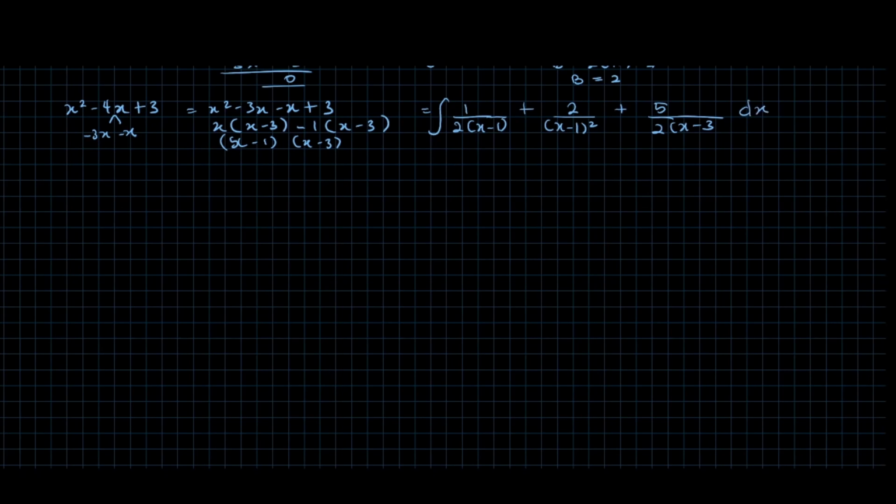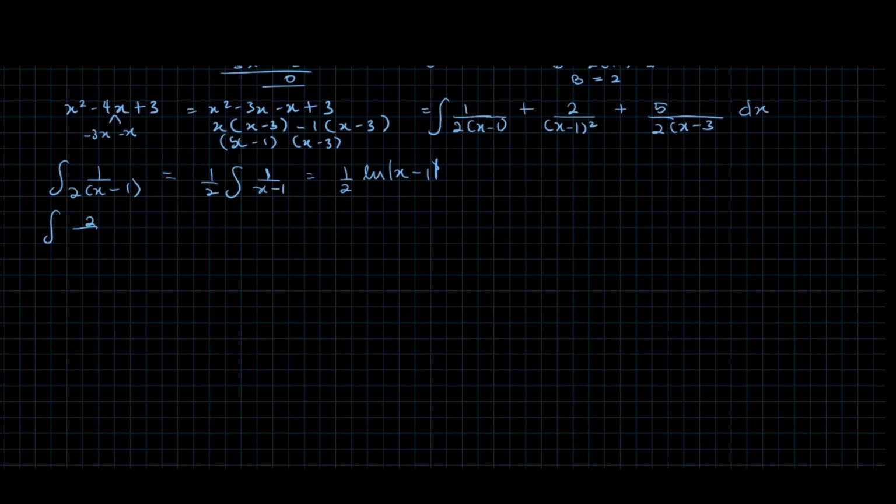When you're integrating a summation, you integrate them individually. So the integration of 1 over 2 times x minus 1, half is a constant, so you can bring half out, leaving you 1 over x minus 1. The integral of a reciprocal with 1 on top is simply half ln of absolute x minus 1. Write ln with absolutes because there's nothing like the ln of a negative number.